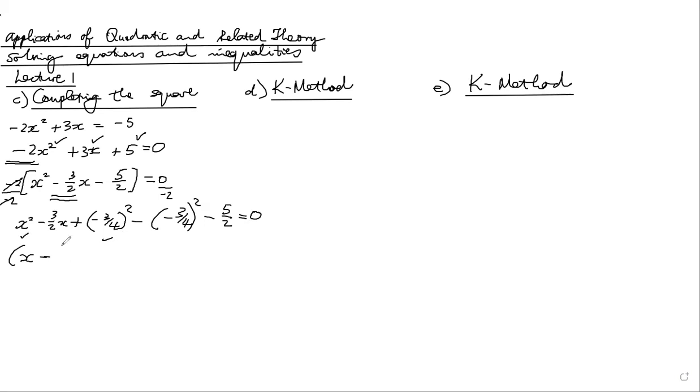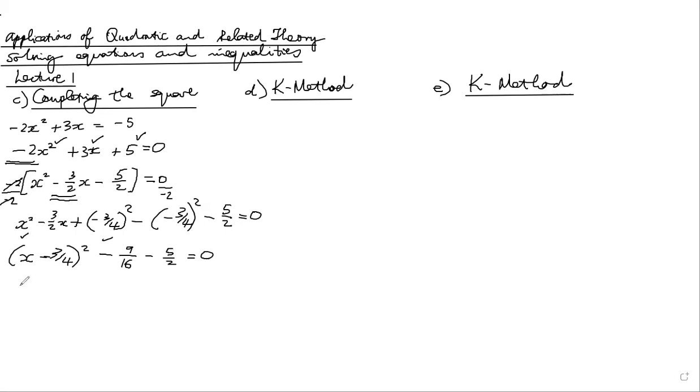The first 3 terms are factorized to give us x minus 3 over 4 all squared. With the last 2 terms, terms numbers 4 and 5, be very careful with the signs. There's a negative, and negative 3 all squared is 9, and 4 squared is 16. Minus 5 over 2 equals 0.